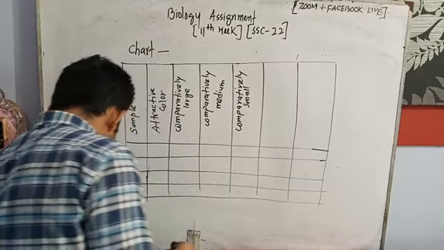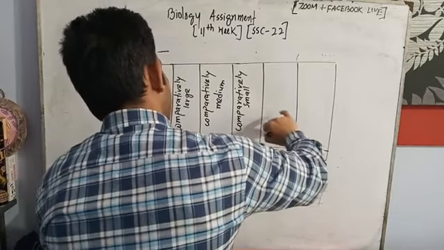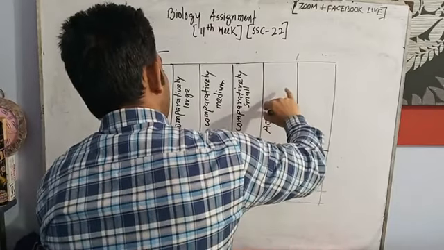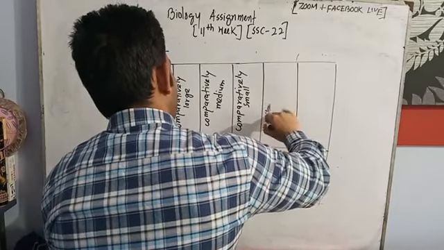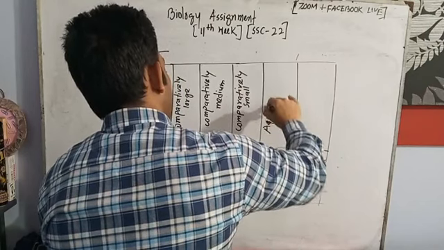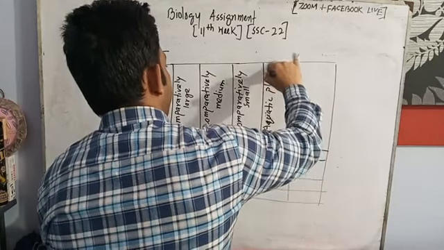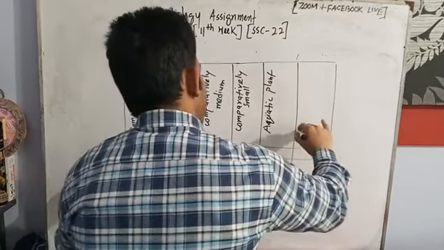Then aquatic plant, then you will write terrestrial plant.